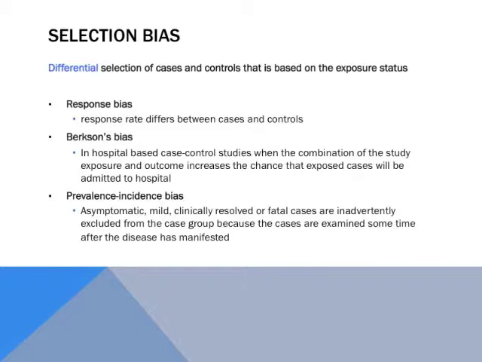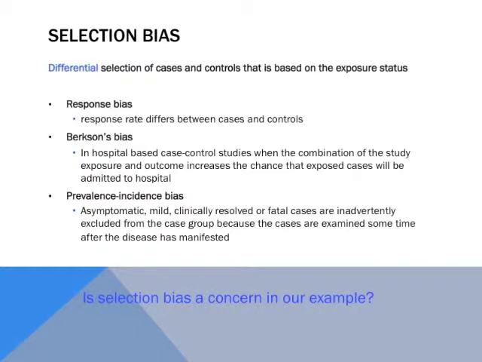In hospital-based case-control studies, Berkson's bias is a type of selection bias when the combination of the study exposure and outcome increases the chance that exposed cases will be admitted to the hospital. Finally, prevalence-incidence bias is a concern when prevalent cases are used, as the exclusion of asymptomatic, mild, clinically resolved, or fatal cases may result in a different observed effect measure than if they were included.